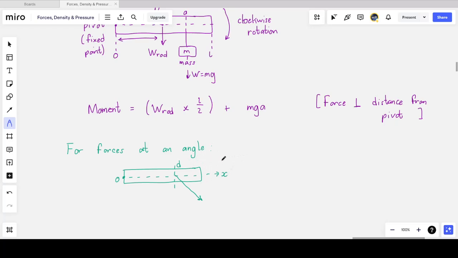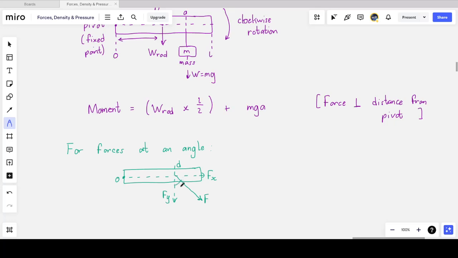And so what actually happens here is, now I'm going to remove the x, but what happens is I have a force F pulling down on the rod, and this force is going to have a rightward component, Fx, but at the same time it's going to have a downward component, Fy.